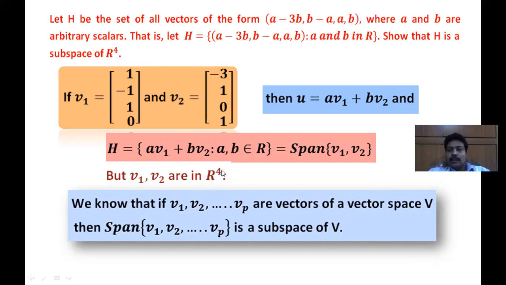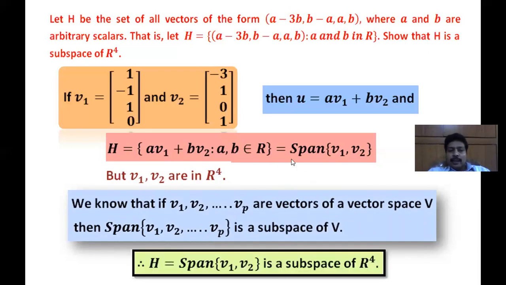We have already proved that Rn is a vector space. So we can conclude that H, that is span of v1, v2, is a subspace of R4 by using this statement.